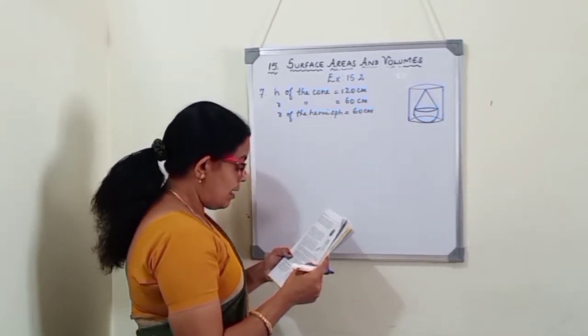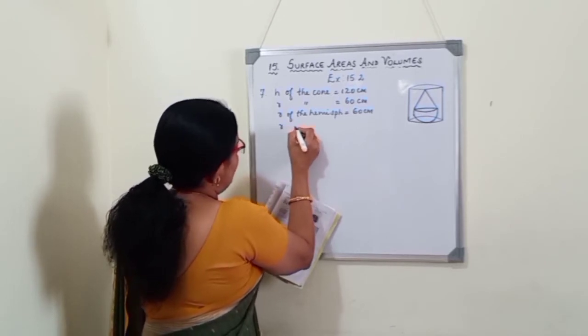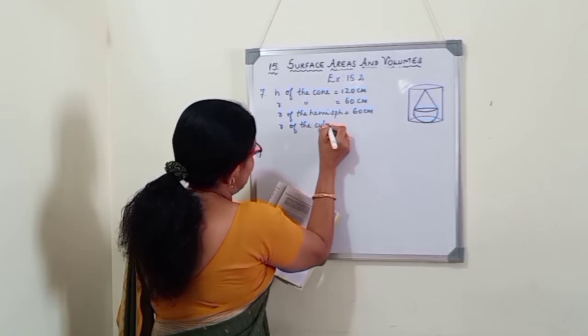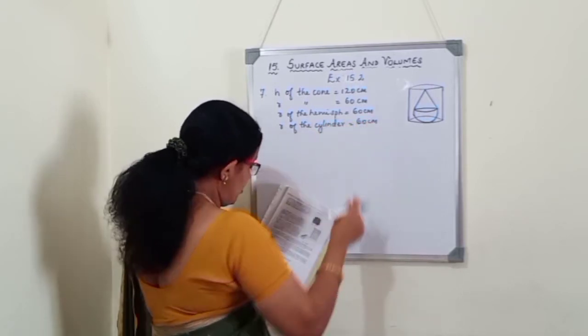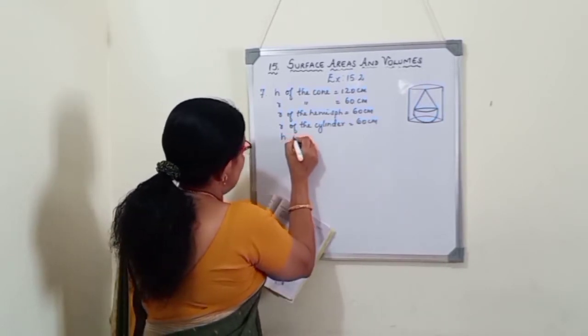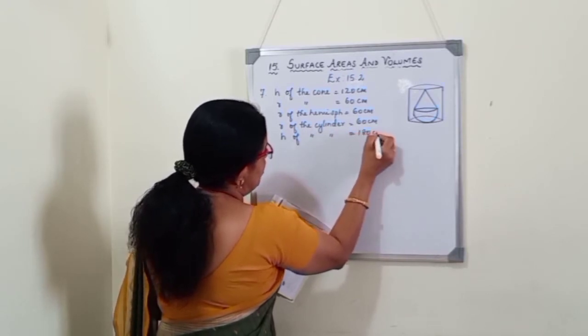Then cylinder values. Radius of the cylinder is again 60 cm. Then height of the cylinder 180 cm.